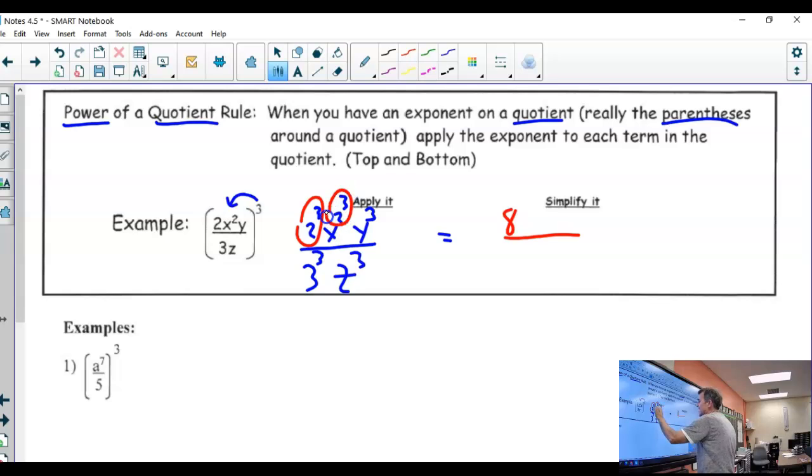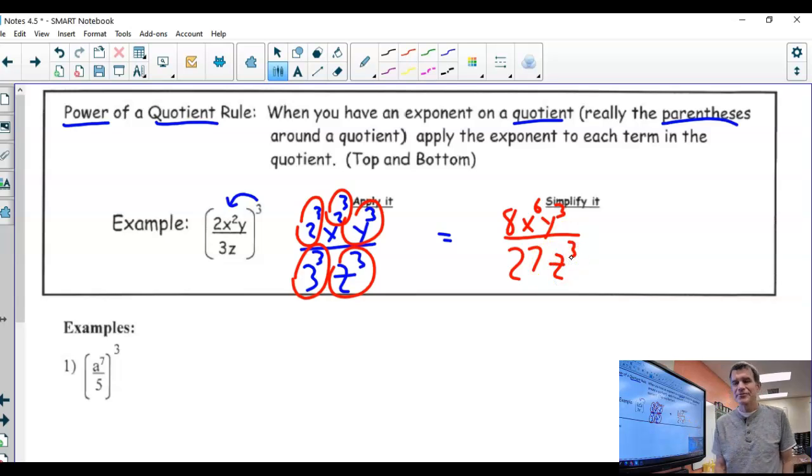What do you do when you have an exponent raised to another exponent? You multiply them, so that would be x to the 6th. Then you've got y to the 3rd. Down here you have 3 to the 3rd. That means 3 times 3 times 3, which is 27. And you have z to the 3rd.